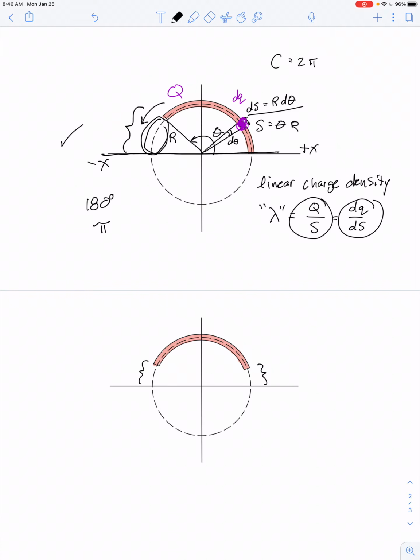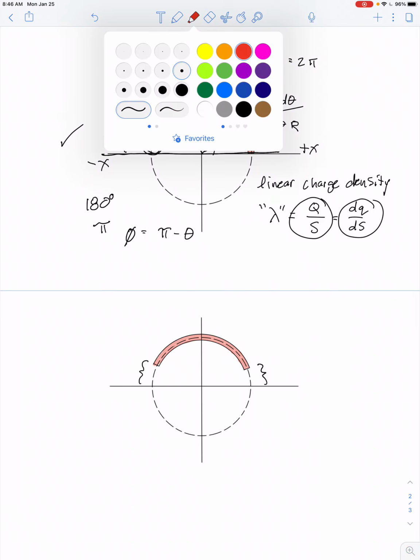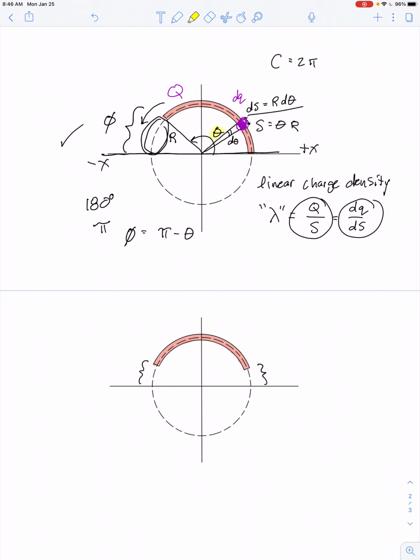So this angle here that we'll just call phi must be equal to pi minus theta. We've already defined what we mean by theta. It's this angle. So you get what I'm saying? That means that this angle right here is half of that value. This must be pi minus theta divided by 2, and this is pi minus theta divided by 2.